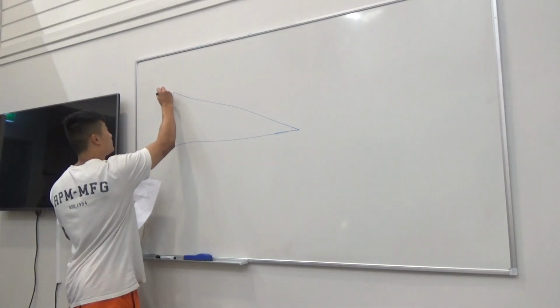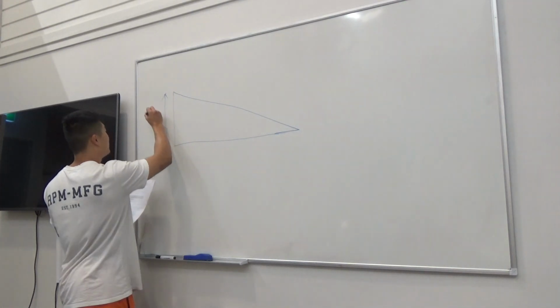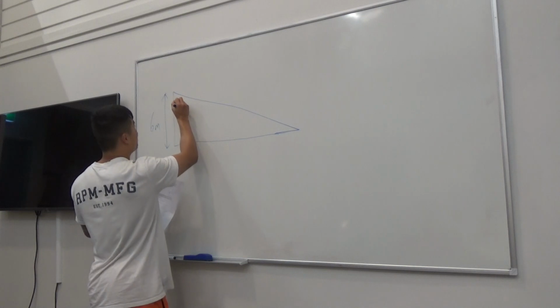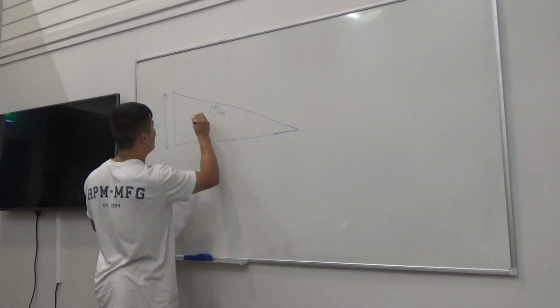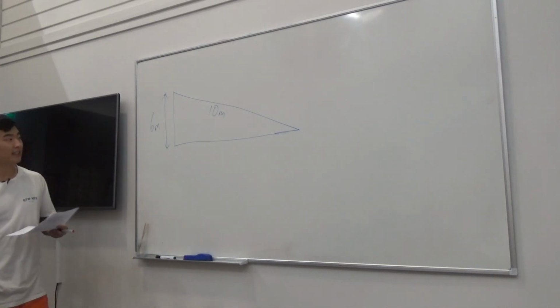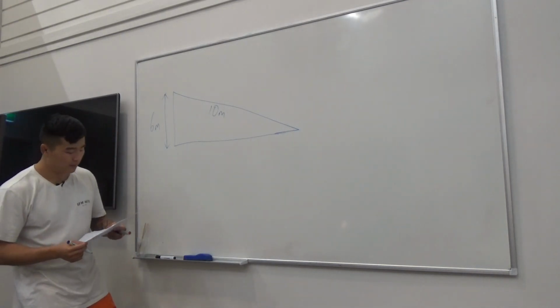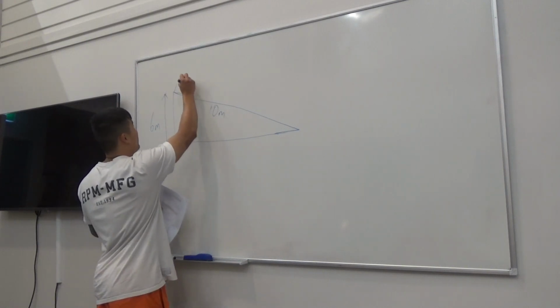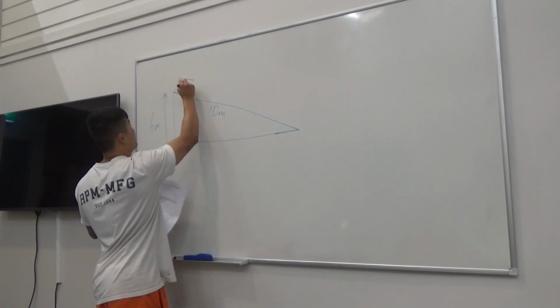So we have the height of this ramp, which is 6 meters, and the length of this ramp, which is 10 meters. And we have our box, which is 10 kilograms.